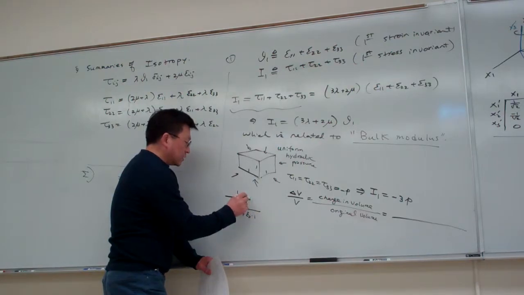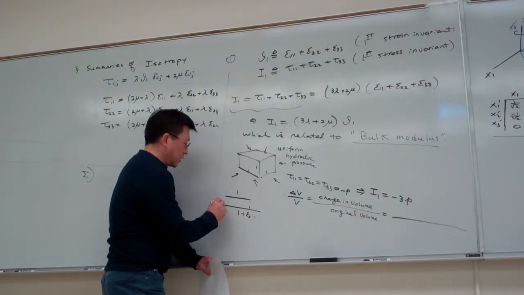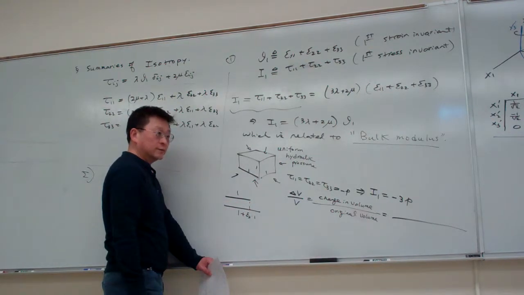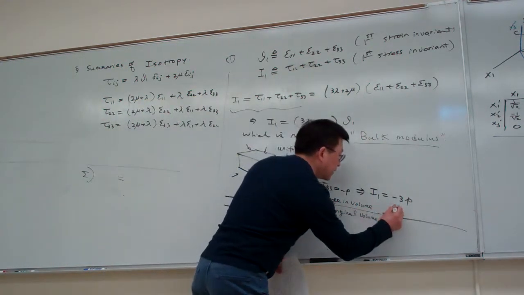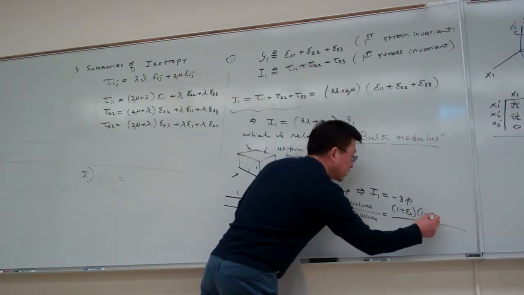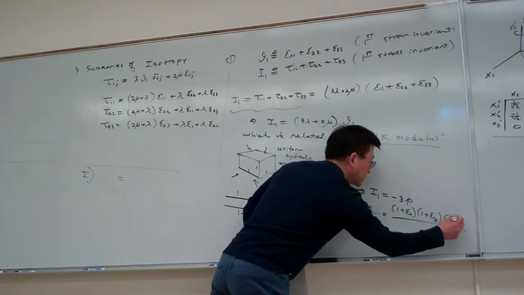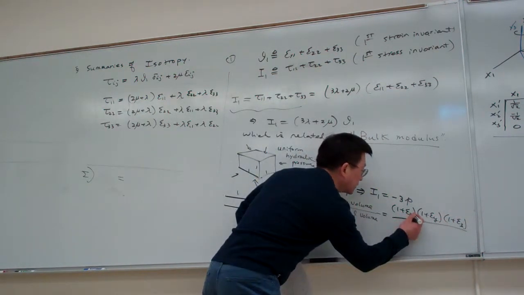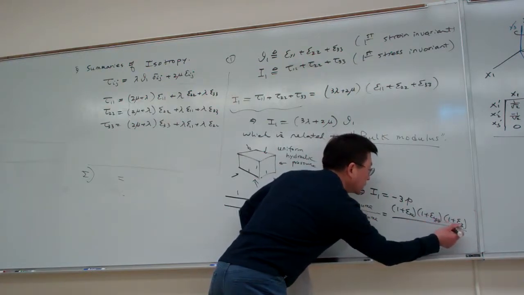So that is the deformation, the side deformed after the loading. One side is changed by this, the second side is changed by that, the third side is changed by this: epsilon xx, yy, and zz.